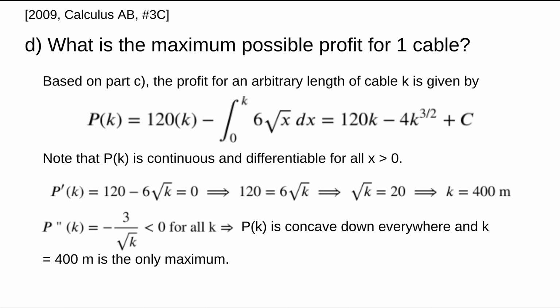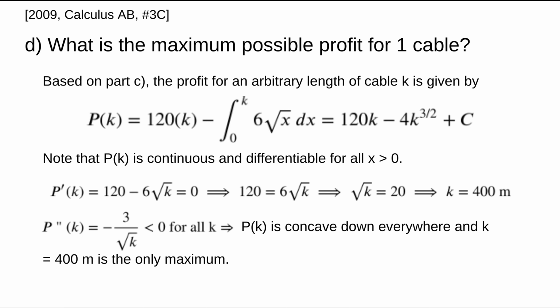Let's show it. If we have our P function and our P prime function, we can find P double prime, or the second derivative of P. That's just negative 3 over the square root of K, but 3 is positive and the square root of K is going to be positive.